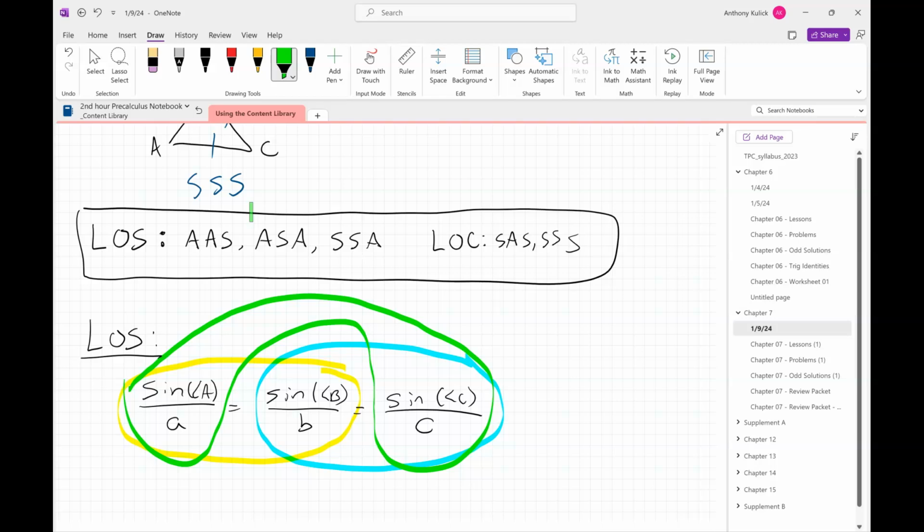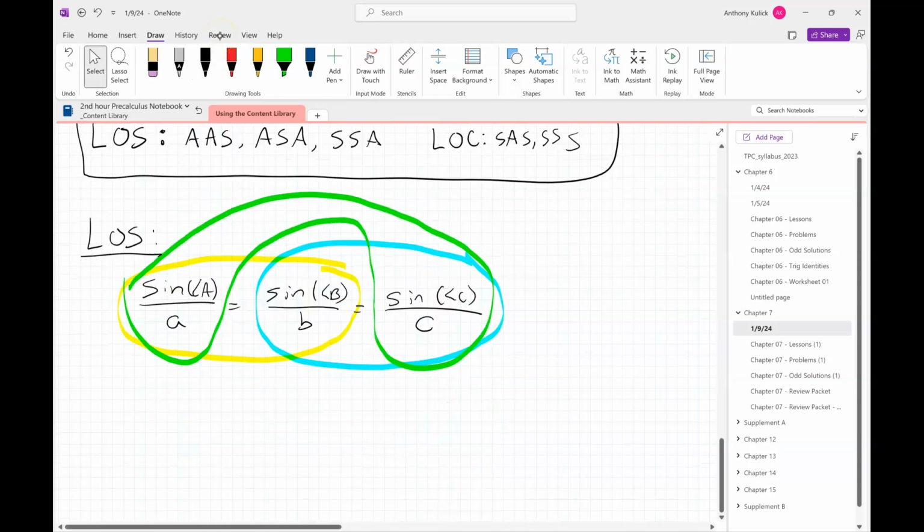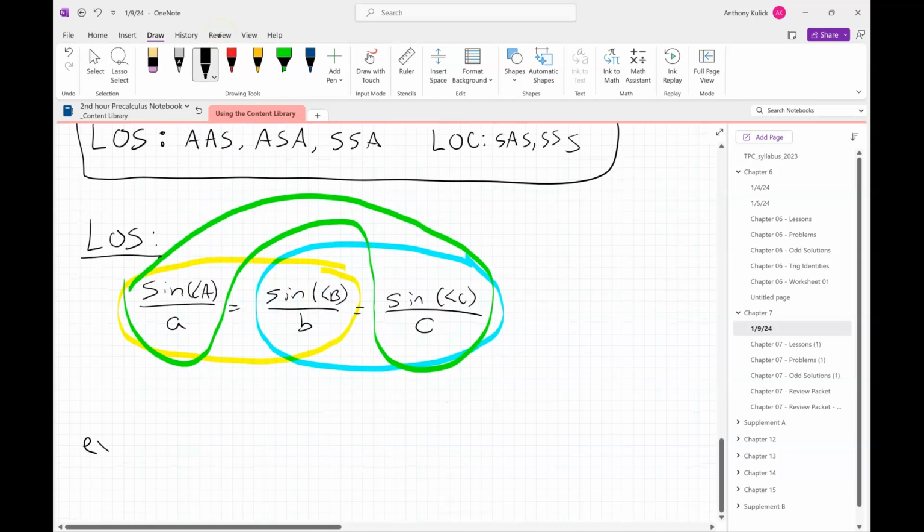It doesn't matter which two because they're all equal. You just have to look at the information you have and make a decision about which two you need to use. Is everybody okay with that idea? All right, let's look at an example, or some examples here.